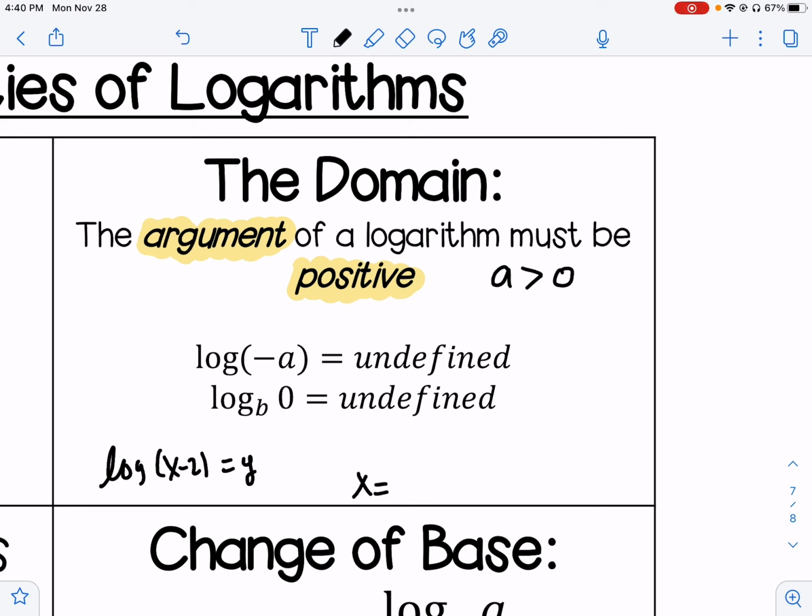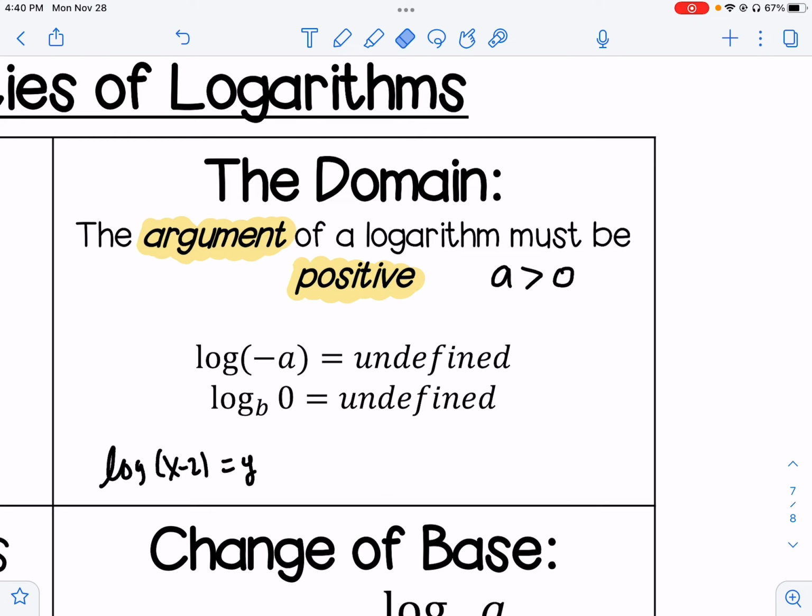Well, if I try plugging in x equals -5, I'm going to get the log of -5 minus 2 equals y. The log of -7 equals y. -7 is a negative number, so y would be undefined here. The graph would not exist over here. Or that would be an extraneous solution if I were trying to solve it out.